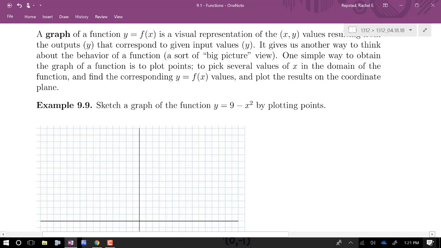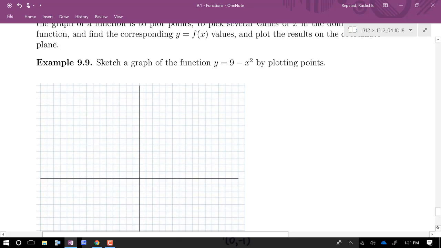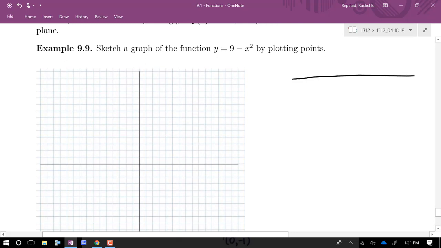So if we're graphing the function y equals 9 minus x squared, one of the simplest ways conceptually is just to plot some points. The first thing I'm going to do is observe what's the domain of this function.